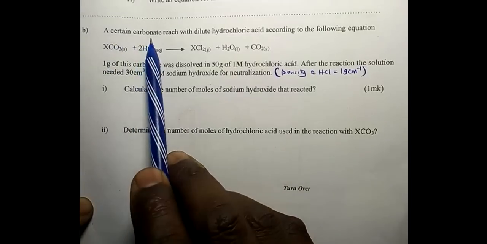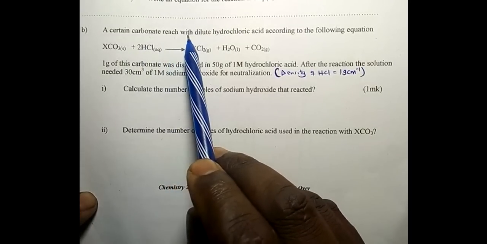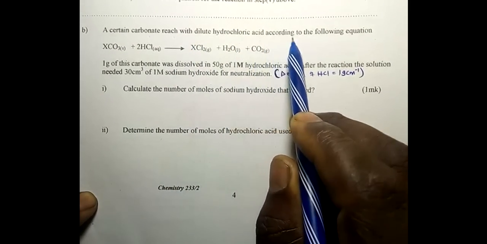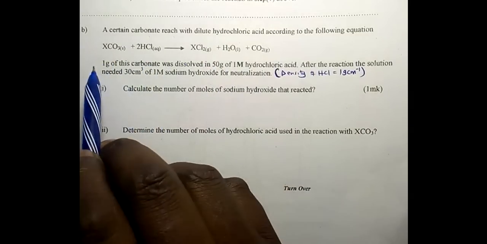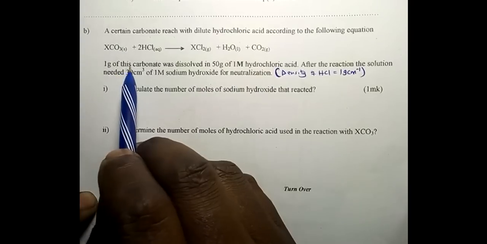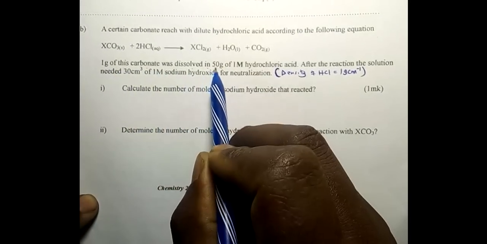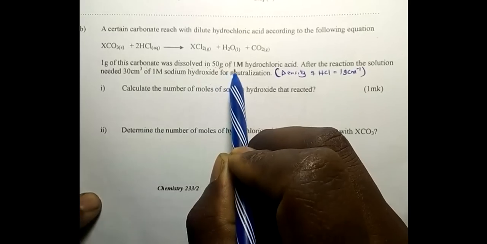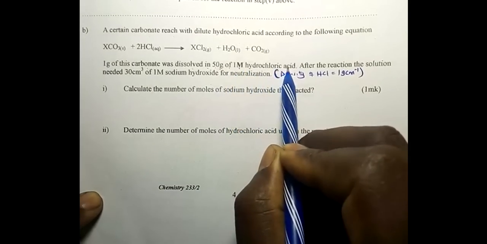A certain carbonate is reacted with dilute hydrochloric acid according to the following equation, and this is the equation. 1 gram of this carbonate was dissolved in 50 grams of 1 molar hydrochloric acid.